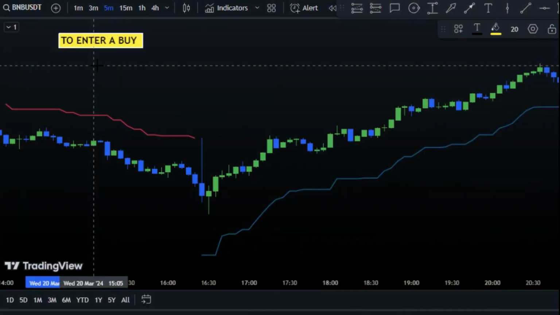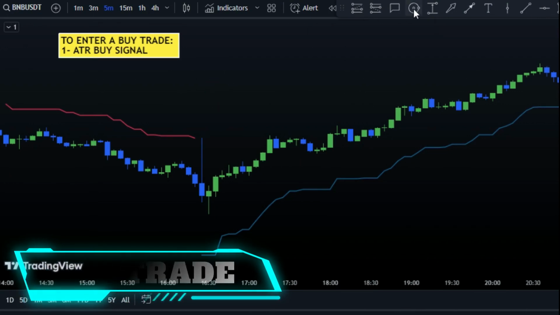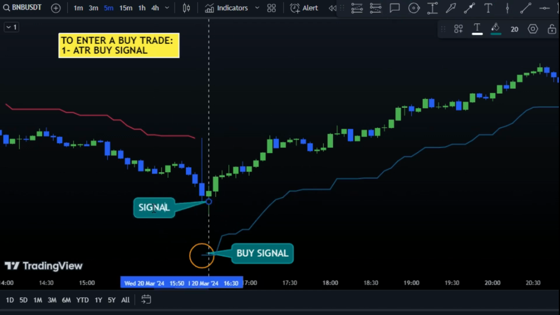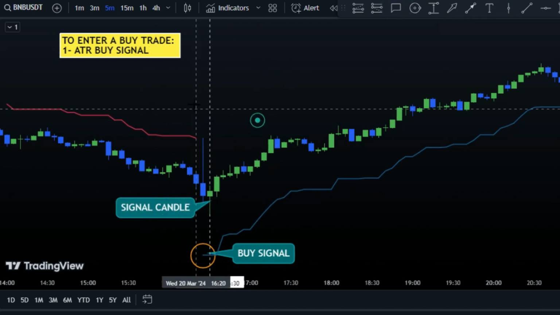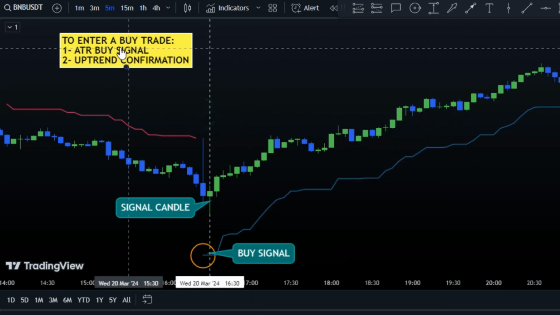To enter a buy trade, you first need to wait for a buy signal generated by the ATR Plus Trailing Stop indicator. Once you see the buy signal, it's time to confirm the market trend using the Trend Follower indicator. If the histogram is green, indicating an increasing trend, you're good to go.